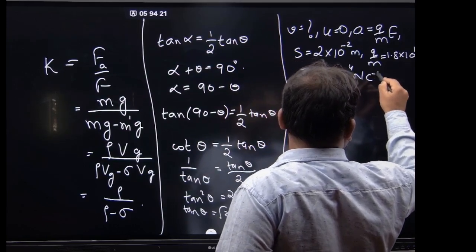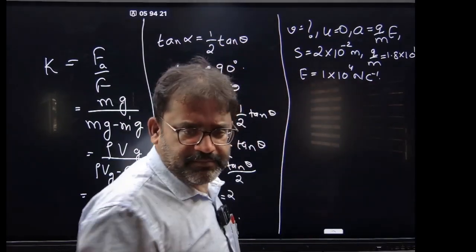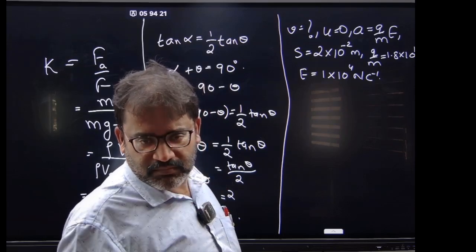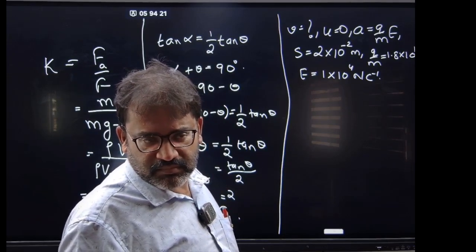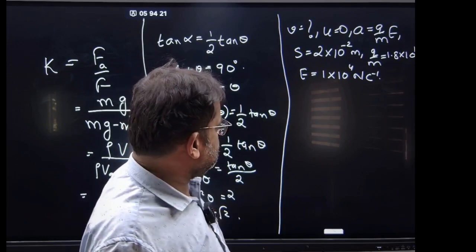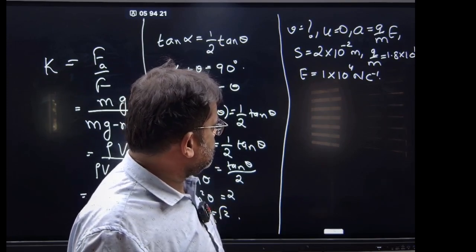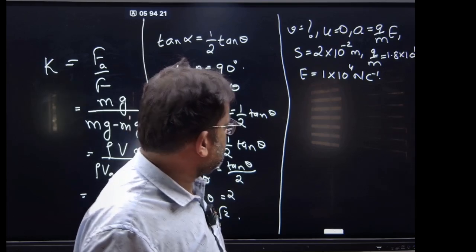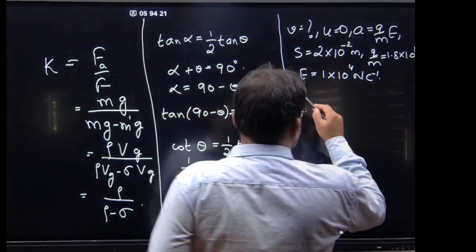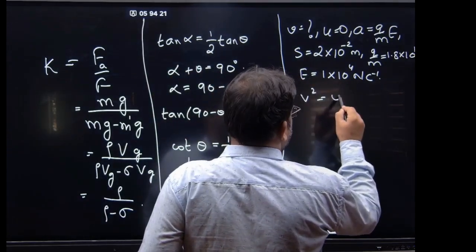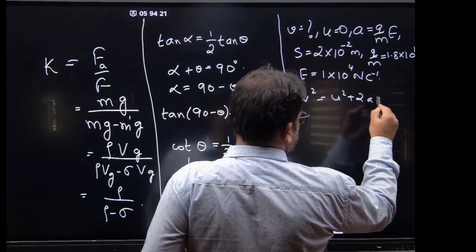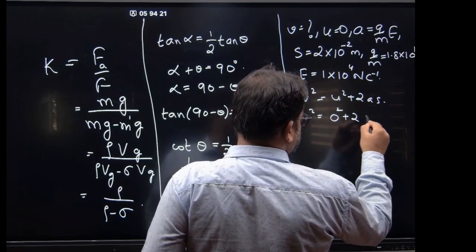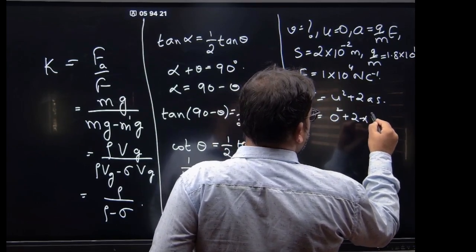Correct? First option. What is the first option? So, v square is equal to u square plus 2as. V square is equal to 0 square plus 2 into q by m.